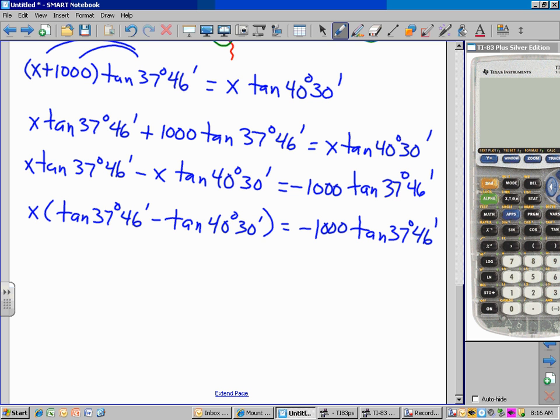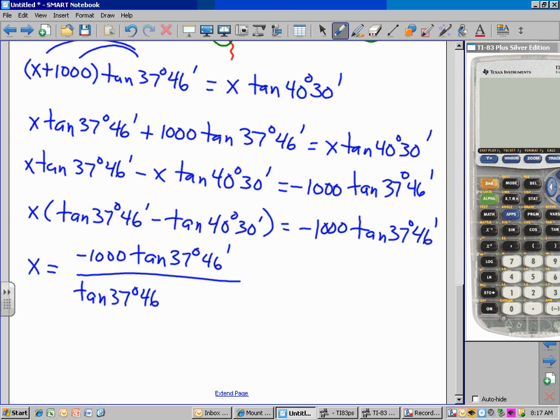And then divide. Just a little bit of algebra there.